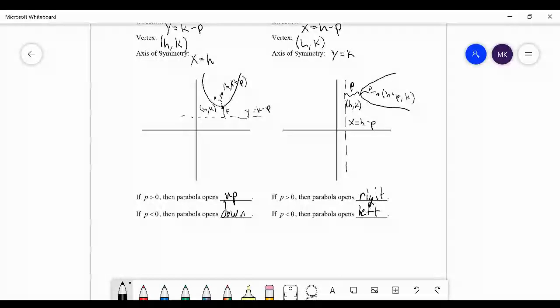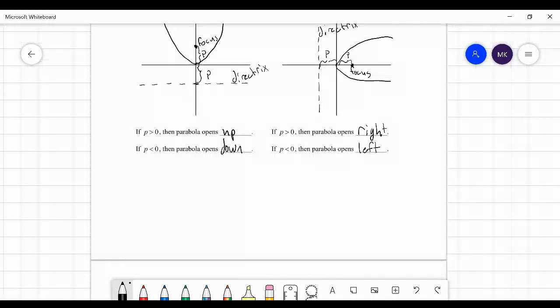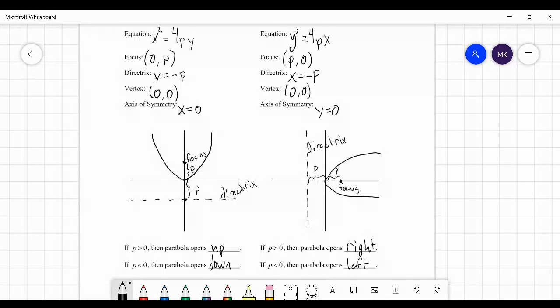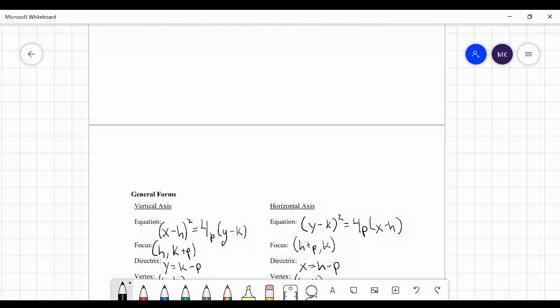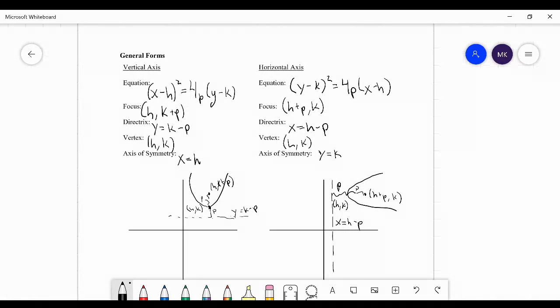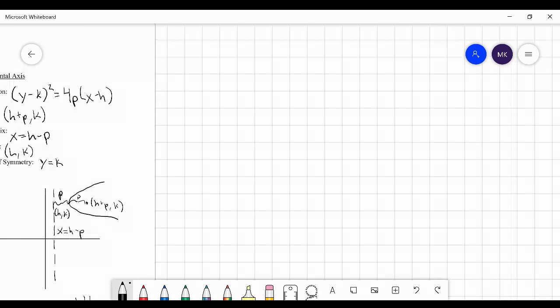So this first set is good to know. It's the more simple version. But this general equation is what we're really going to use. Now, what I want you to think about is how the p-value affects the opening of the graph.